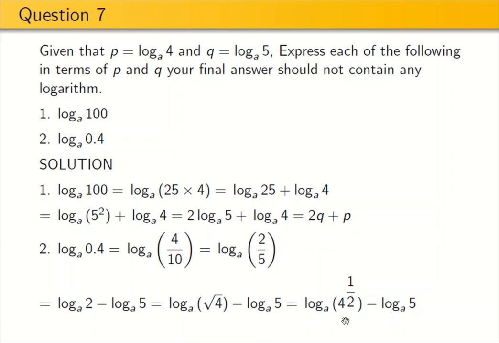In that case, the power property of logarithm will tell us that we should put the half power in front of the logarithm, so it becomes half logarithm of 4 base a minus logarithm of 5 base a. Now we are good to go because we know logarithm of 4 base a is what? p. Logarithm of 5 base a is what? q. So we put them in, and this becomes half p minus q.